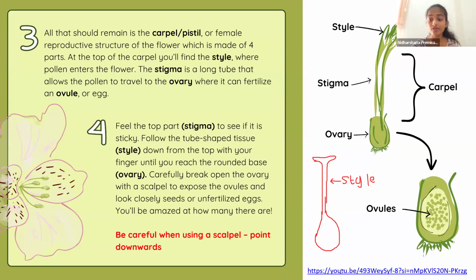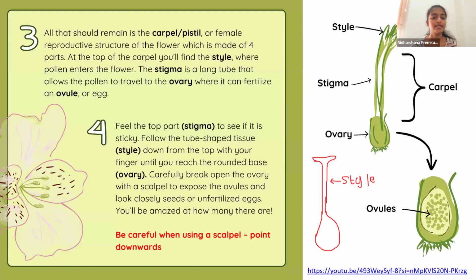You have to be very careful and gentle when you cut open the ovary, so as not to damage the ovules. So if your flower is matured enough, you will see the ovules inside of this ovary. So this is an activity where you can observe the parts of the flower in real life by yourself.